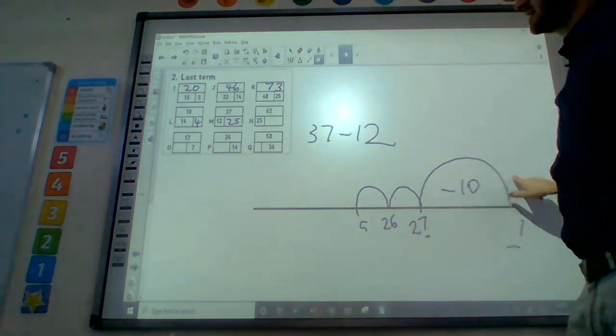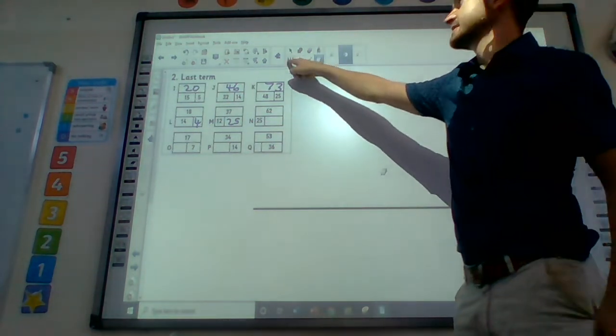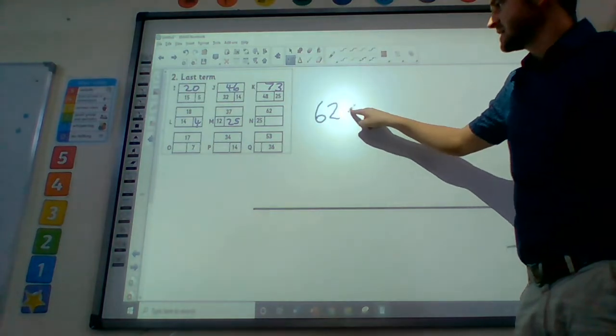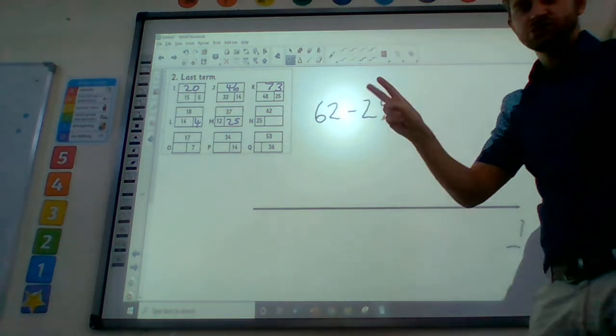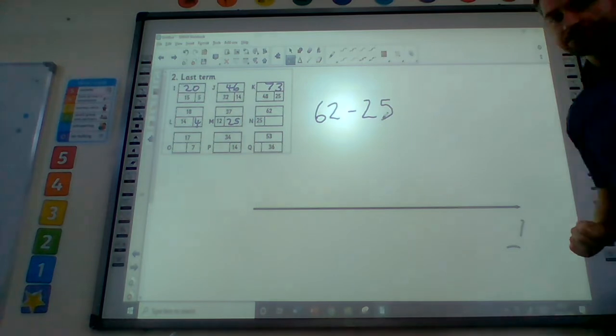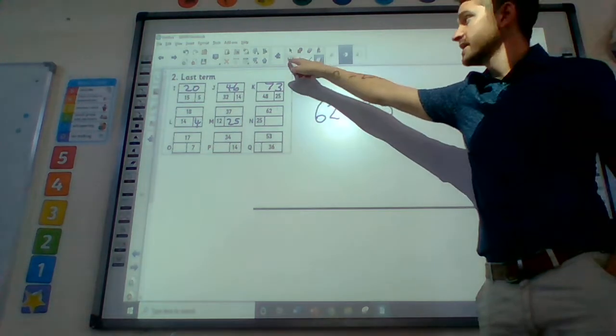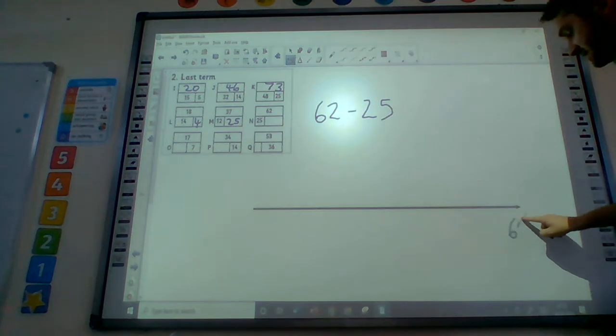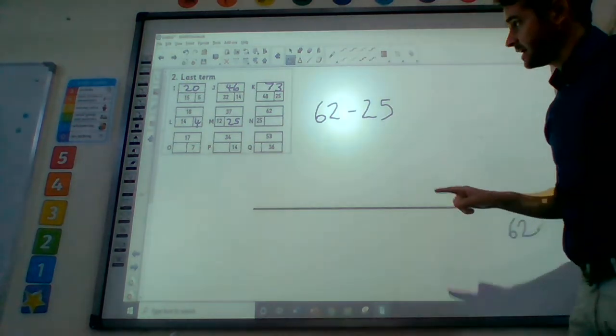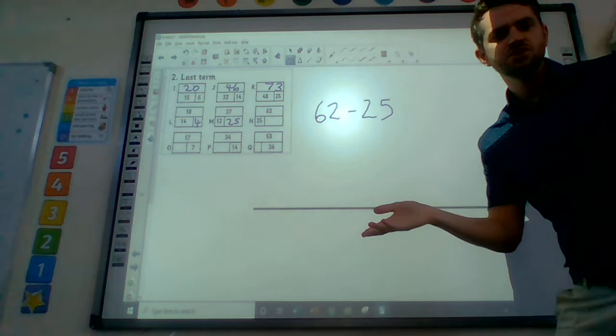Okay, the next one, a little bit more complicated. 62 take away 25. Tricky for two reasons. You'll see why just now. Have a go yourself if you haven't done already. 62 goes at the end of the number line, and I'm going to take away 25. Don't just watch me.